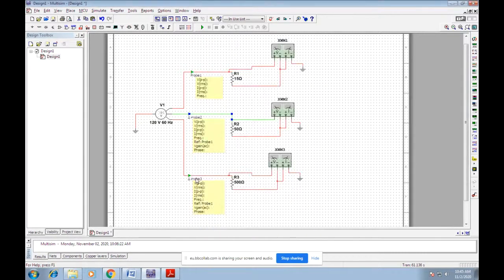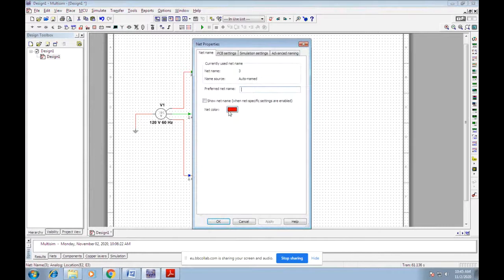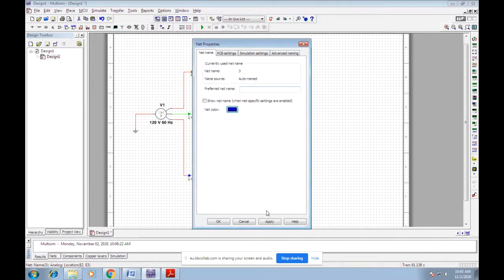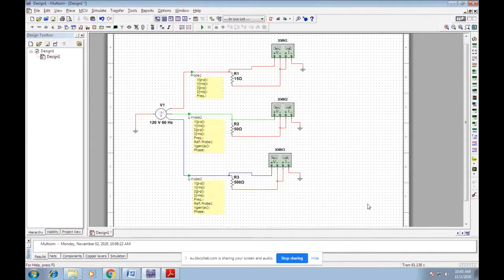We will use the third one as blue color. You know how to change the colors. Previously I have shown you. This is because we are drawing the graph. In the graph, if you see it in different colors for probe 1, probe 2, and probe 3, it will be much more beneficial for you. It is because of that.